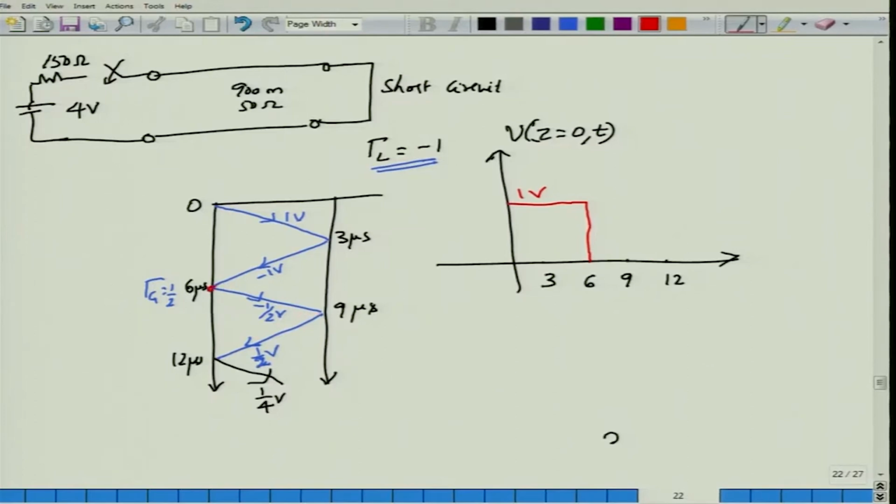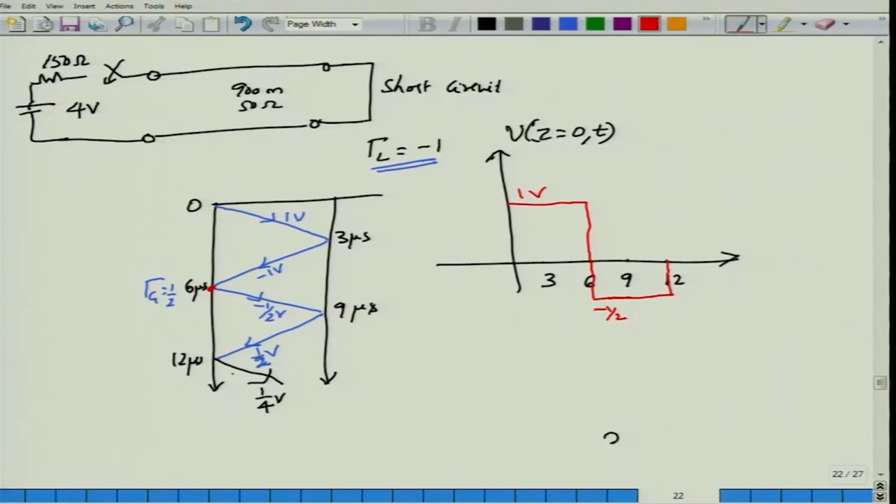Therefore, the voltage at this point is minus 1 minus half plus the previous 1 volt. 1 and minus 1 cancel, and a minus half would still be there. So the voltage here would be minus half, and this would be present until you get to 12 microseconds, at which point a plus half volt coming in from the load side would make this voltage go to 0.